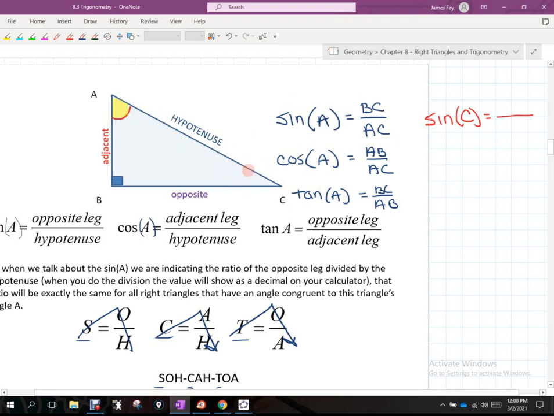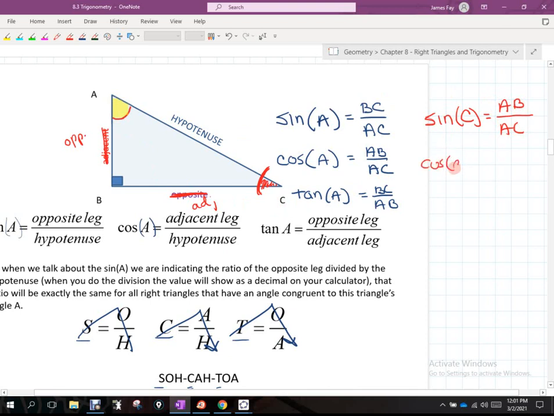Okay. So if I look at C, does that change the labeling of these two sides here? Is this now opposite, and is this now adjacent? Does that make sense? Because now I'm focused on this angle of interest. So now the sine of C would be AB over AC.